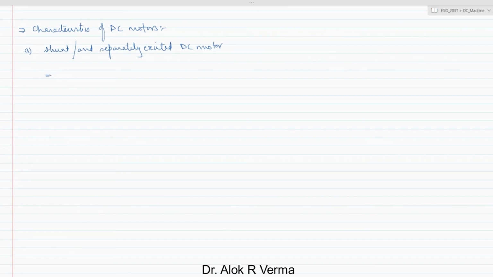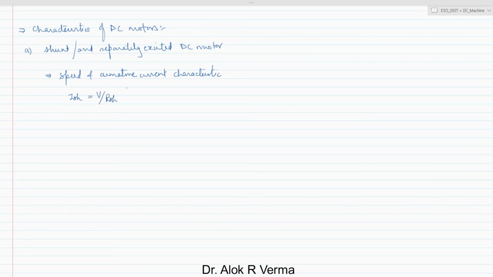Let us first go to the speed and armature current characteristic. In a shunt motor, ISH is nothing but V by RSH.